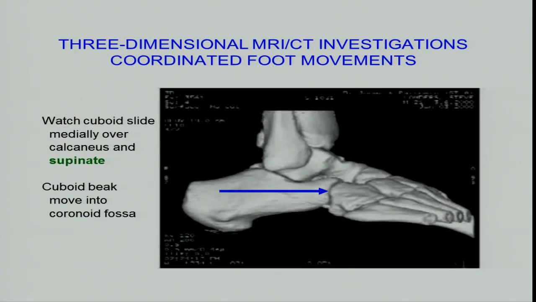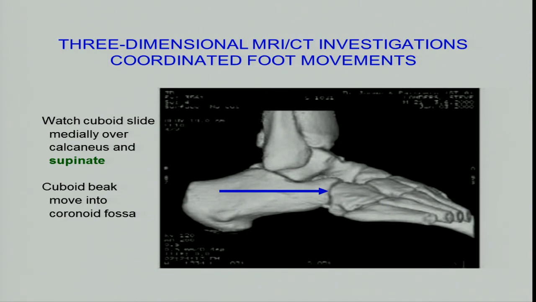So there is the concave, convex outline of the calcaneo-cuboid joint. And remember that at the medial end of that, the cuboid has its beak, and that calcaneal surface curves upwards medially to end in the coronoid fossa.